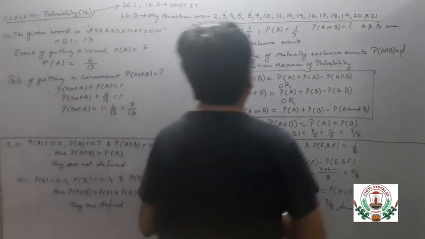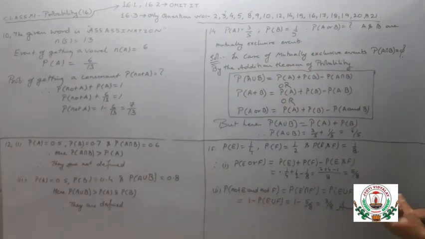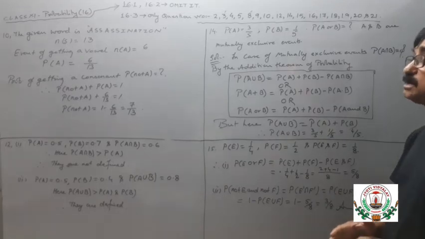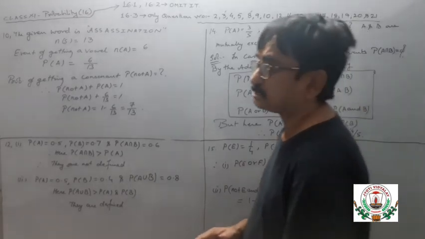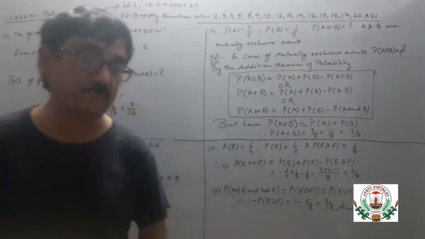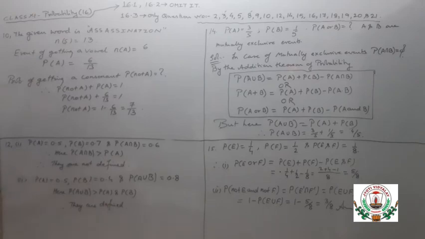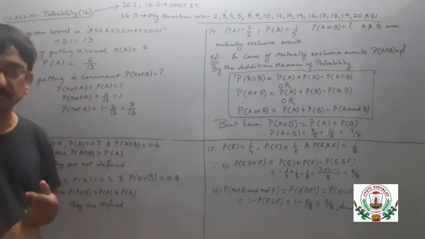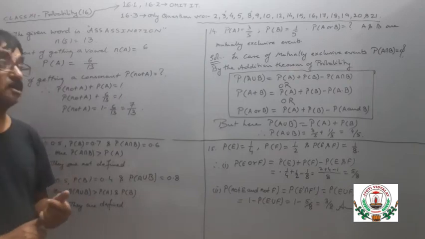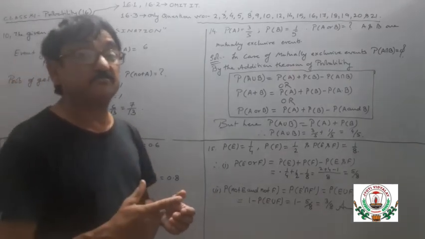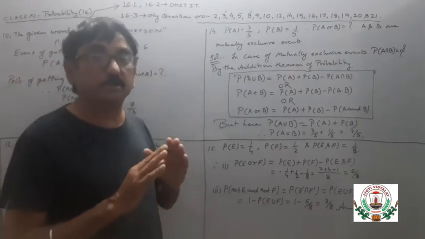Next, question 14. If probability of A is 3/5, probability of B is 1/5, and we have to calculate probability of A or B, and A and B are given as mutually exclusive events. As in the chapter on sets, I have taught you about mutually exclusive sets or disjoint sets. Two sets are said to be mutually exclusive or disjoint sets if their intersection is a null set, with no common element.